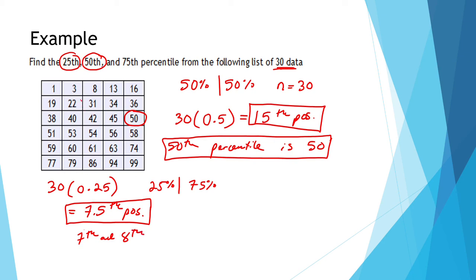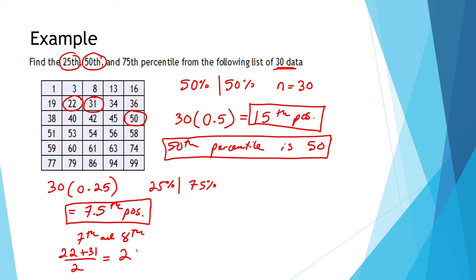And those numbers in the 7th position and 8th position are 22 and 31. To find the 25th percentile of these two numbers, we'll take the average. So we'll add 22 plus 31 and divide that by 2.